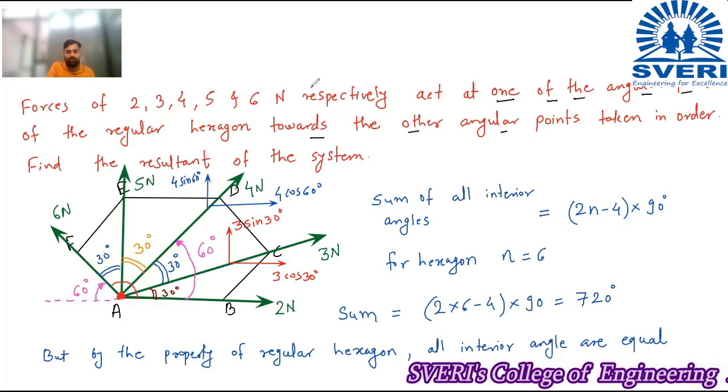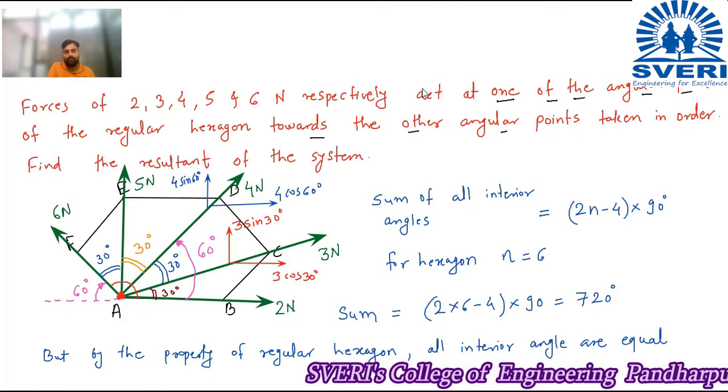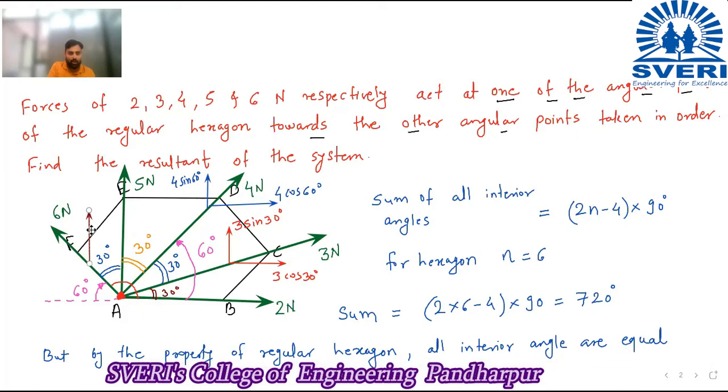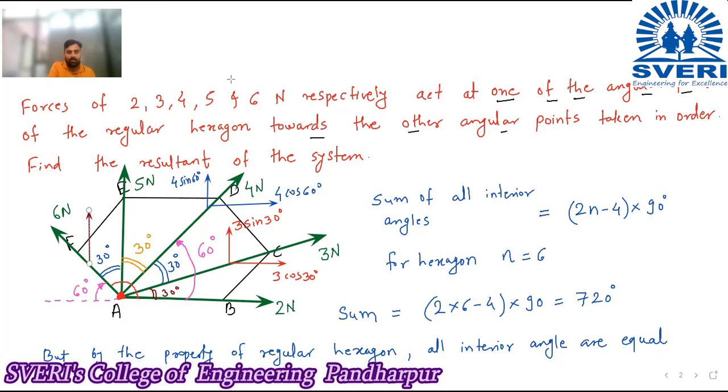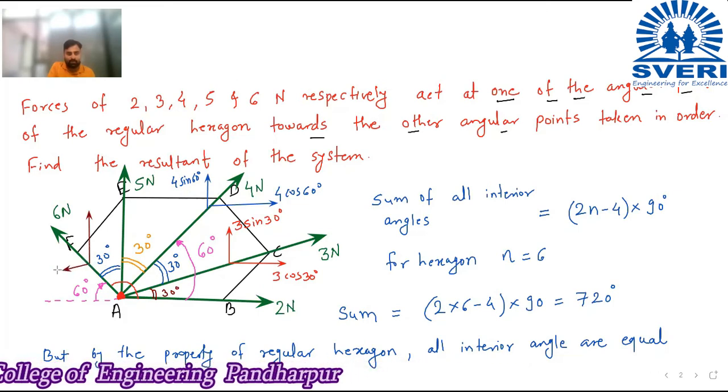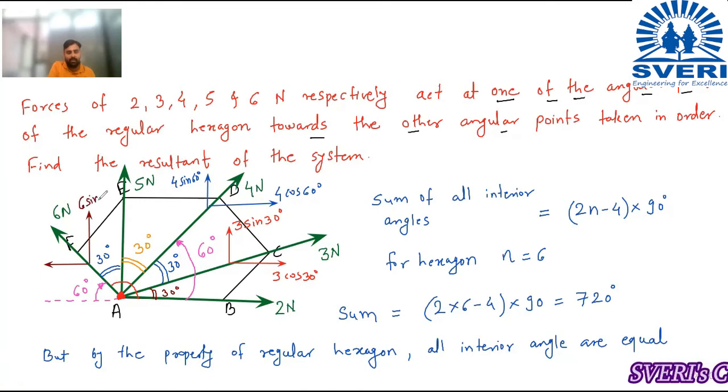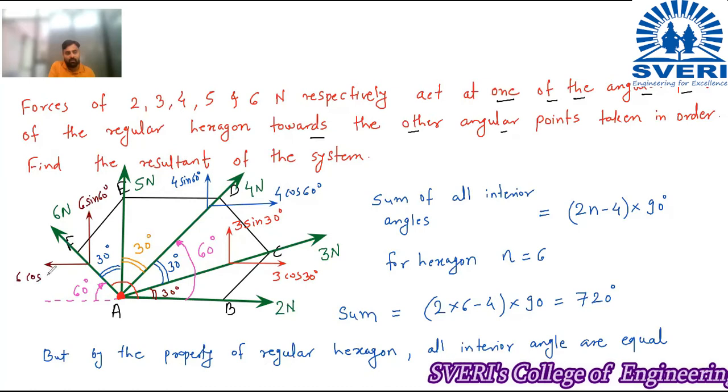If I resolve this force, then here you can see one component is parallel to y, another component is parallel to x. Between both components, the force must come. So this will now be 6 sin 60 and this is 6 cos 60.